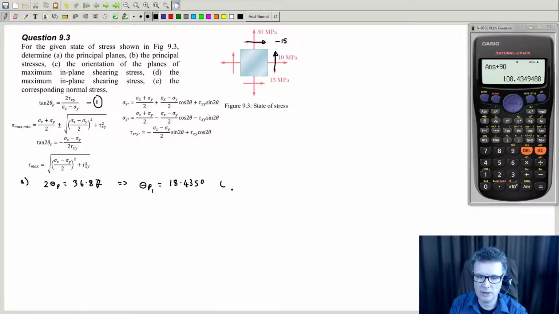And so the other plane will be at 108.435 degrees. Okay, so that's A.